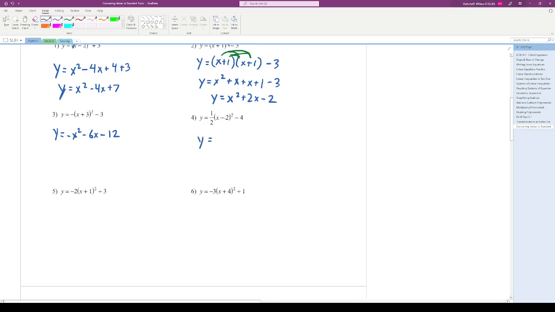So we're going to distribute that half to those, so we get 1/2 x squared. Our middle term was minus 4x, so half of that is minus 2x. Our last term was plus 4, half of that is 2, minus 4 gives us a negative 2. Next one would be y equals x squared plus 2x plus 1, but all times negative 2.